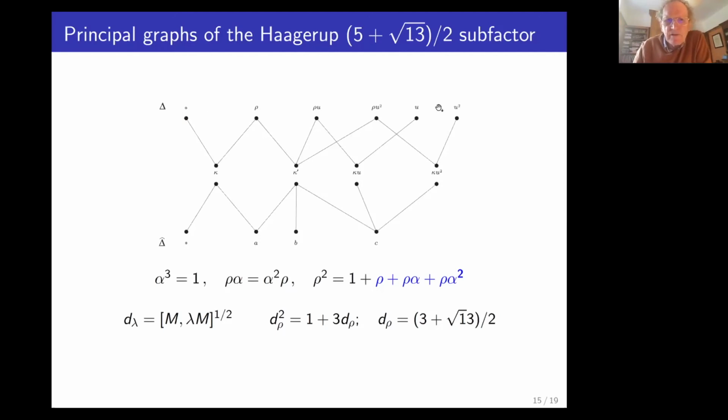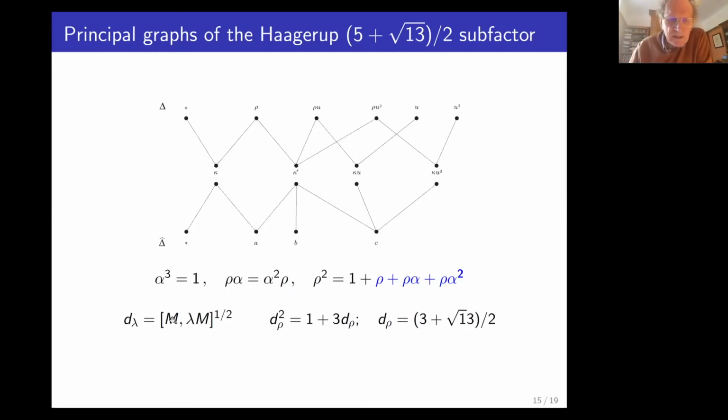Anyway, the fusion rules of the top 6 are given by this formula here. If I ignored this blue part here, this would exactly be a description of a symmetric group on 3 elements, or a dihedral group.